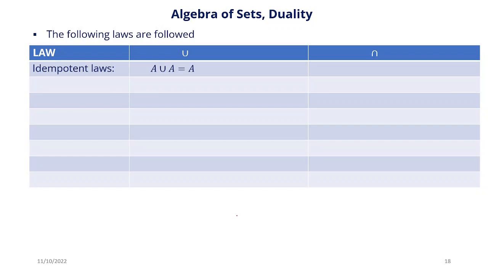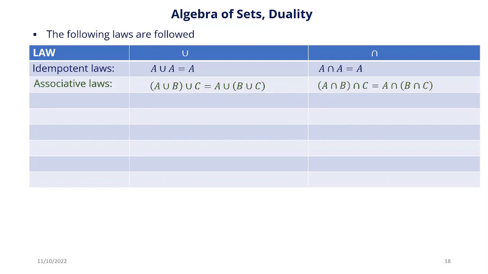A union A is A. A intersection A is also A. The law of association: A union B in bracket, everything union C, is the same thing as A union in bracket B union C. A intersection B, everything intersection C, is the same thing as A intersection B intersection C.